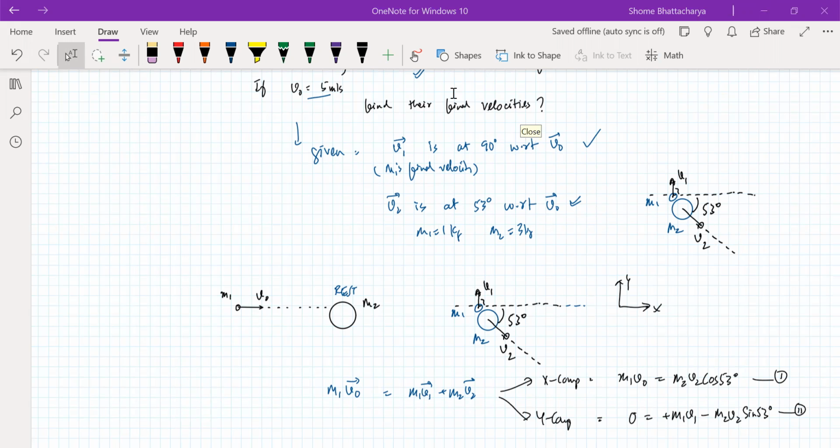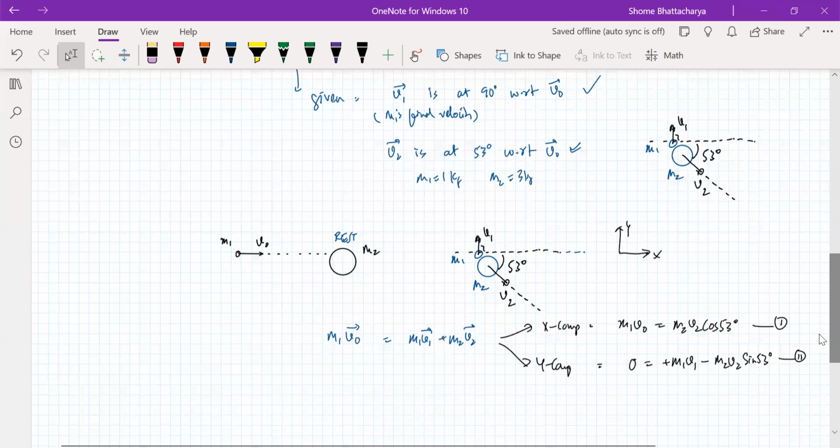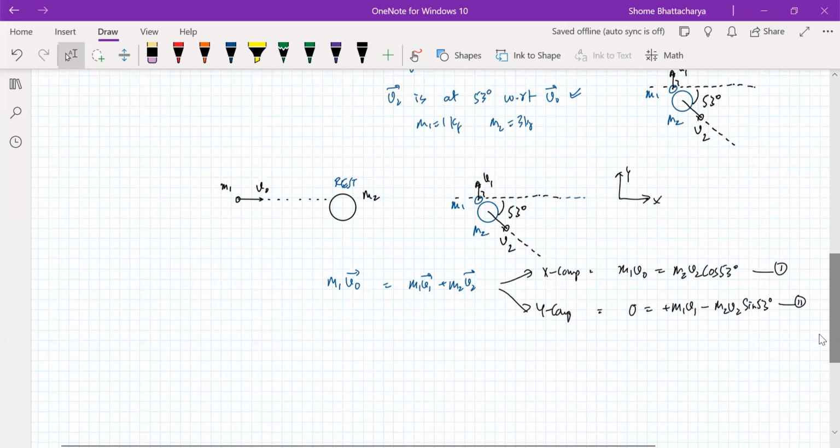Yes, Kirti, that's correct. So V1 should be 6.67 or 20 by 3 meters per second, and V2 will be 25 by 9 or 2.8 nearly.